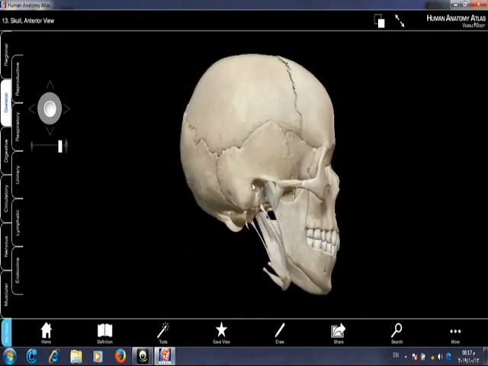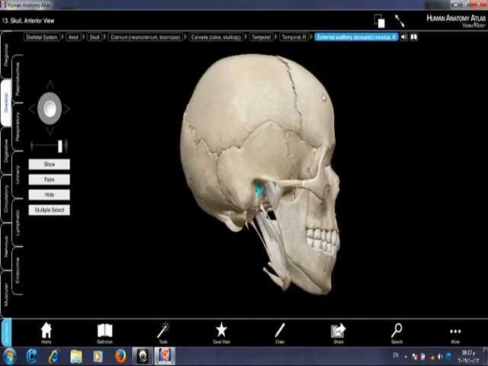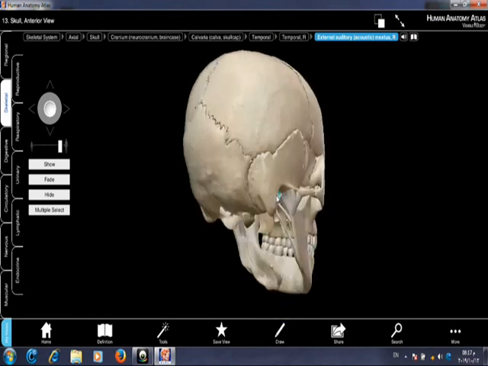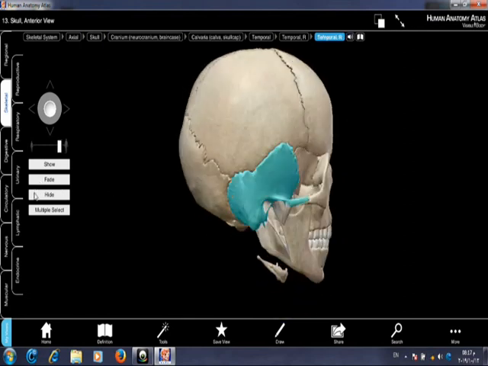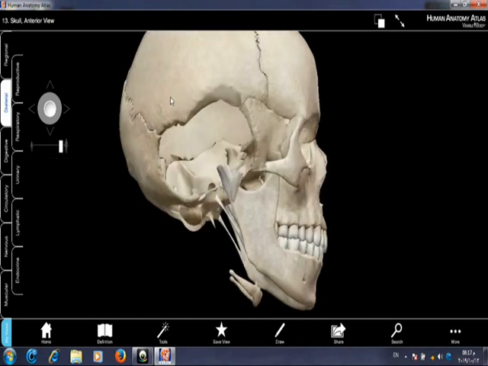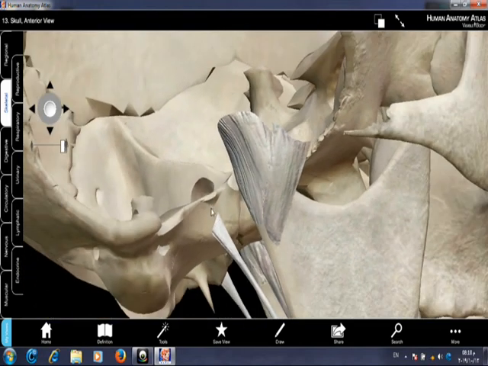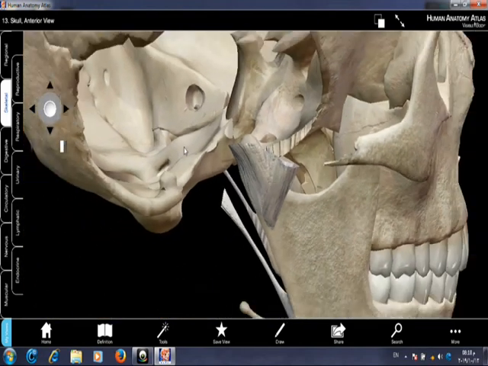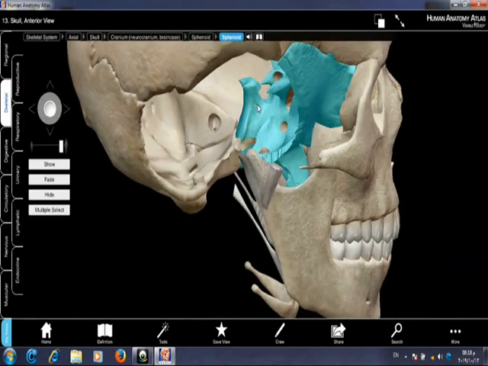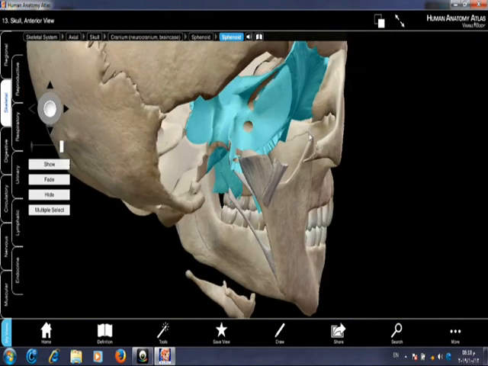This is the auditory canal here, the external auditory meatus. Okay, this is the external auditory meatus here. All this is sphenoid.